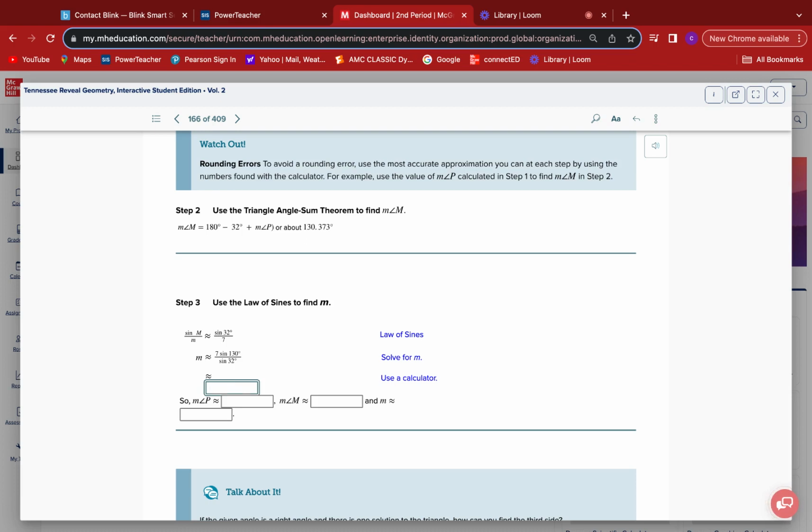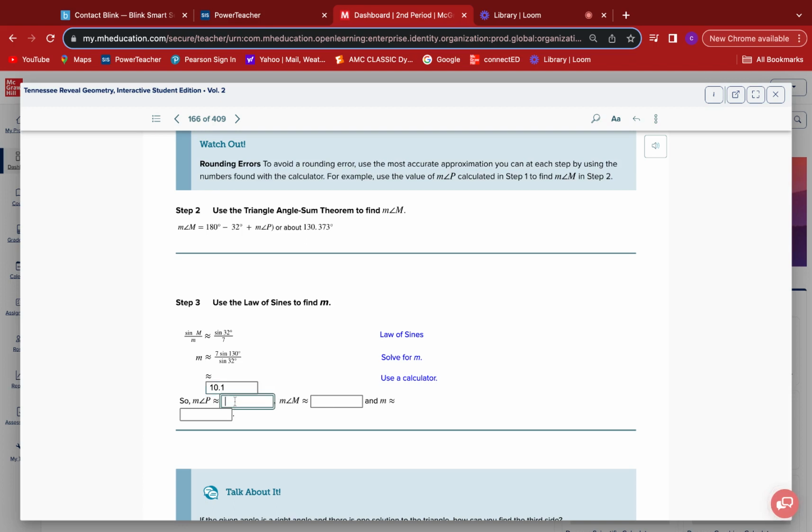Box over box, 7 sine 130 over sine 32, and I get approximately 10 point, round to the tenth would be 1.